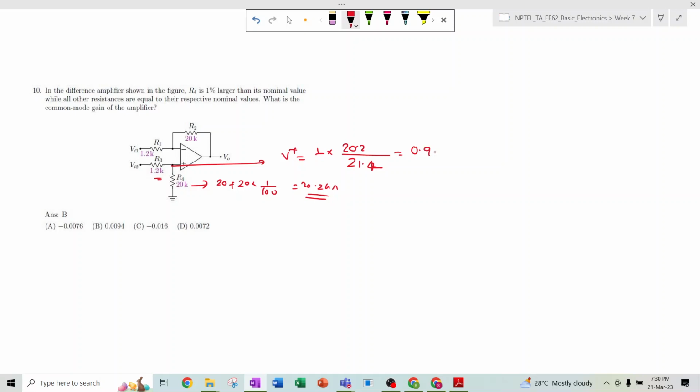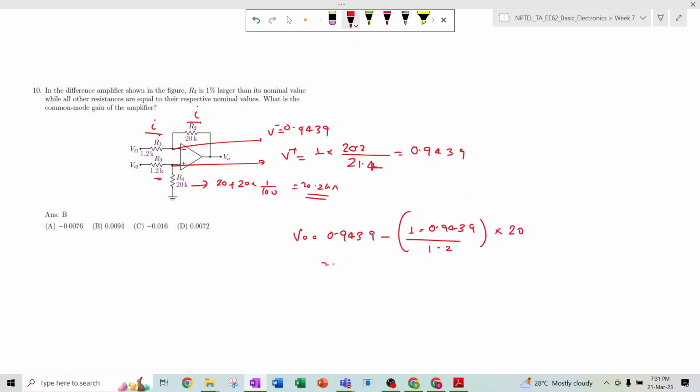So this is 0.9439. V minus will also be the same, equal to 0.9439. Here some current will flow through this side. So V0 is nothing but 0.9439 minus this current, (1 minus 0.9439) divided by 1.2, multiplied with 20.